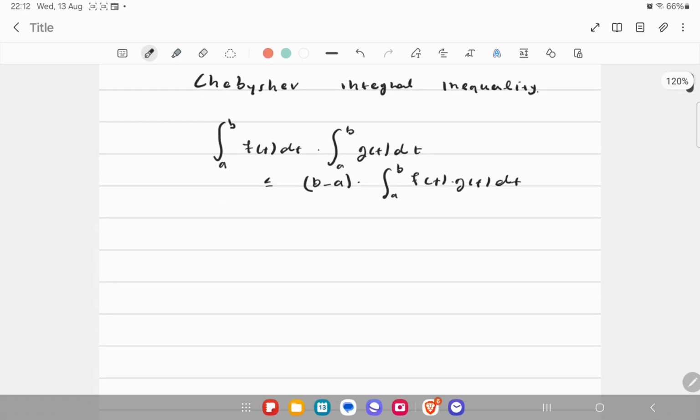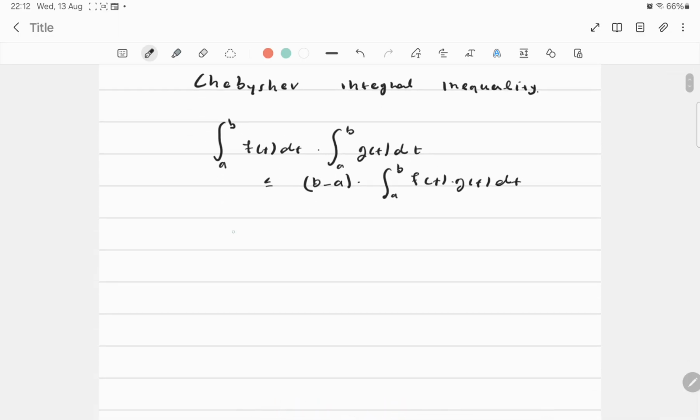And this holds provided that f and g are positive functions and they have the same monotonicity. For example, they should be either monotonically increasing, both of them, or monotonically decreasing.